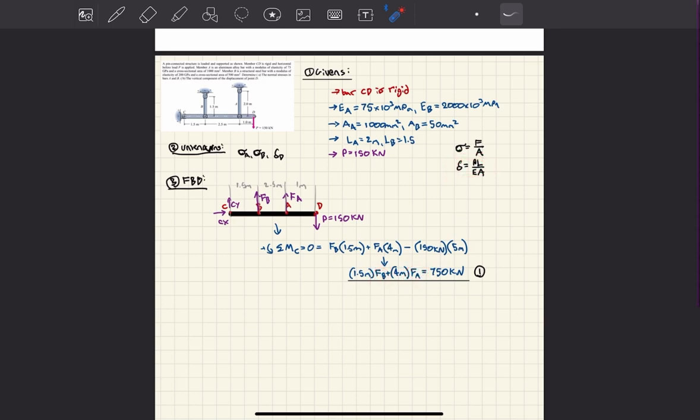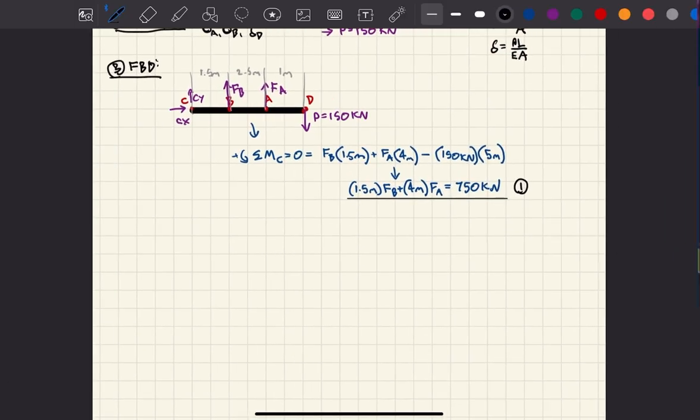Well, I do a deformation analysis. And we'll call this the deformation diagram. Actually, we're not going to copy it, we're just going to start from scratch.